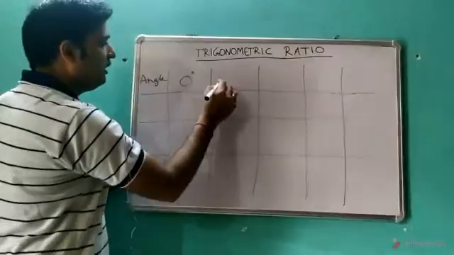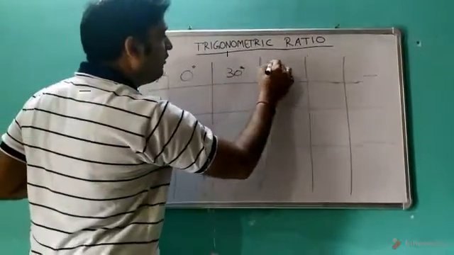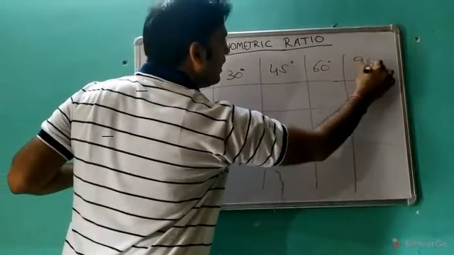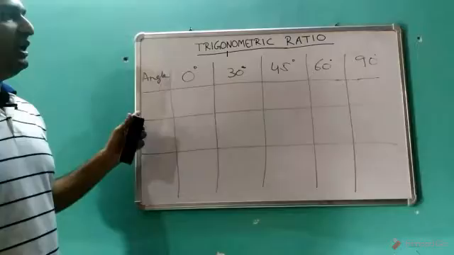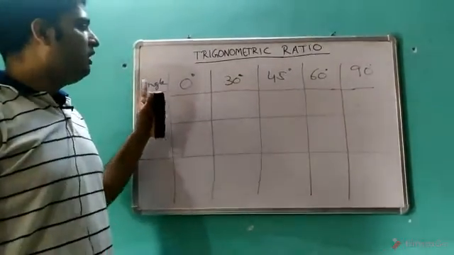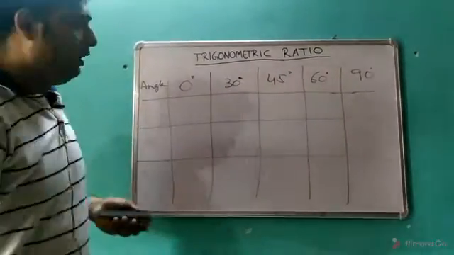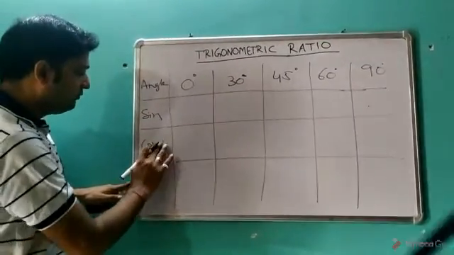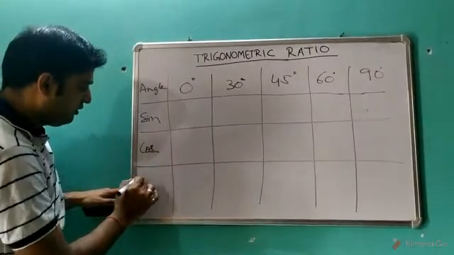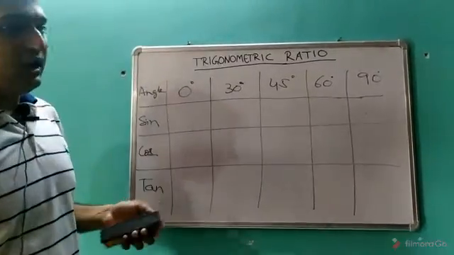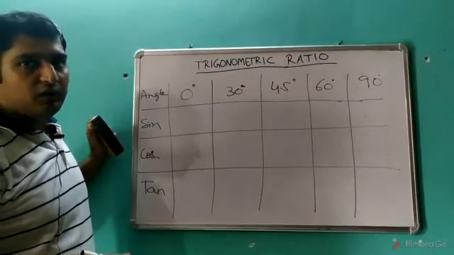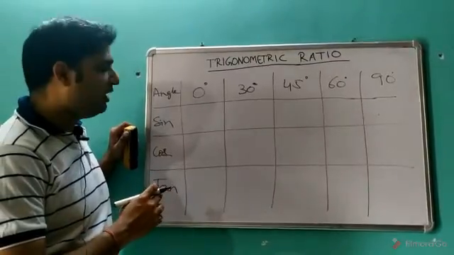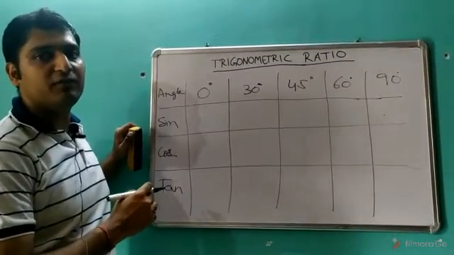The angles are 0 degree, 30 degree, 45 degree, 60 degree and 90 degree. Because we are dealing with acute angles, the angle should be between 0 and 90. First we are taking sine, then cos, then tan. To determine these values, first we consider sine, and with the help of the sine values we are going to determine the values for cos as well as tan.